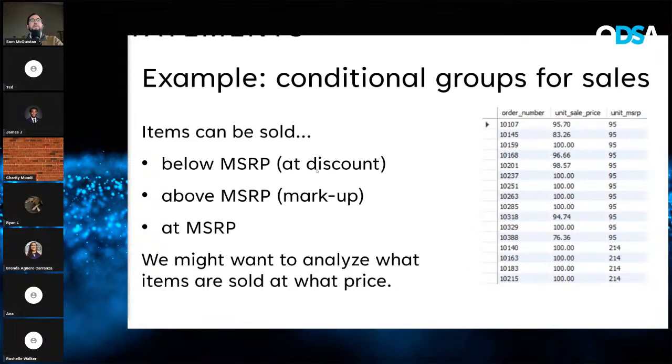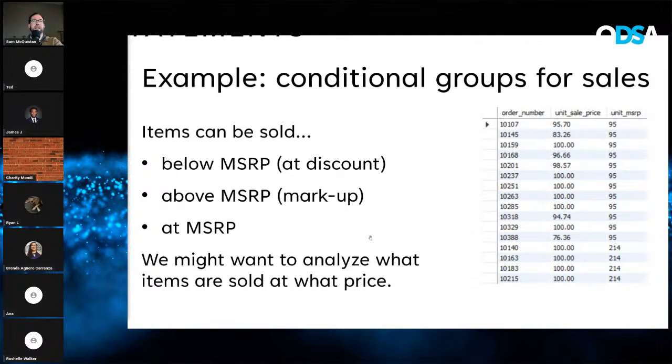If we had an item that was sold above MSRP, our rule would be when unit MSRP is less than or equal to the unit sale price, then it's a markup, because our sale price is higher than our MSRP.